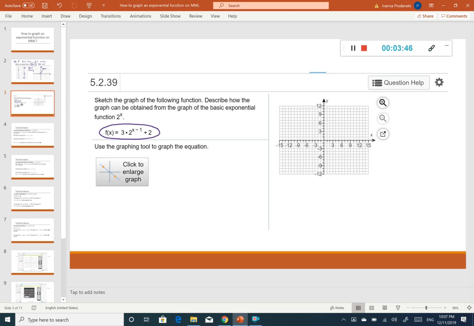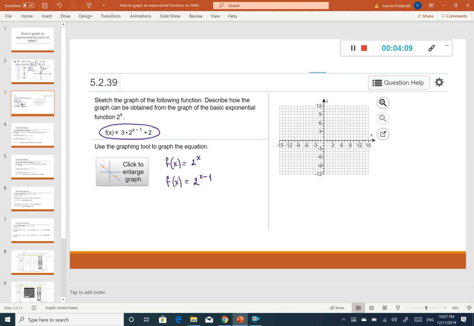This function can be obtained from the basic function. So you might start with f of x is equal to 2 to power x. Then you do the horizontal translation on the function, which means that you take this function and move 1 unit to the right.